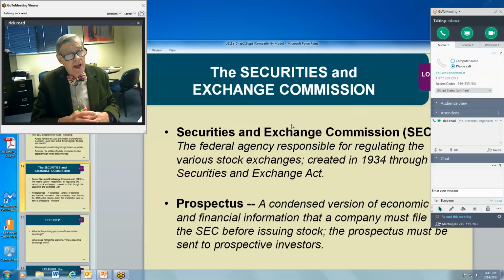A prospectus will tell you what the stock has done in the past. I'm using the term stock here, it could be a mutual fund. It will give you a prediction of what they expect to do in the future. But that will come with a caveat.